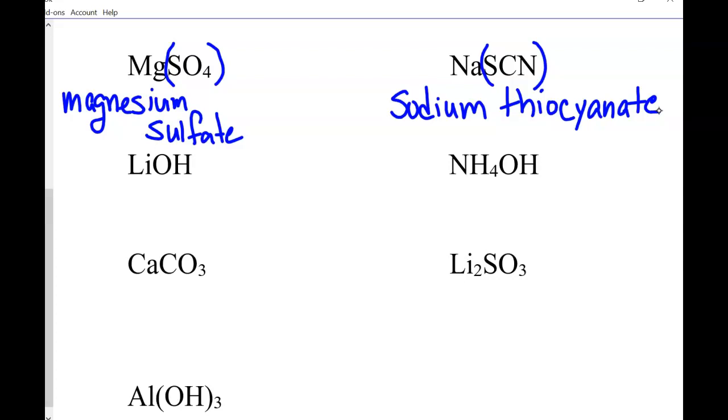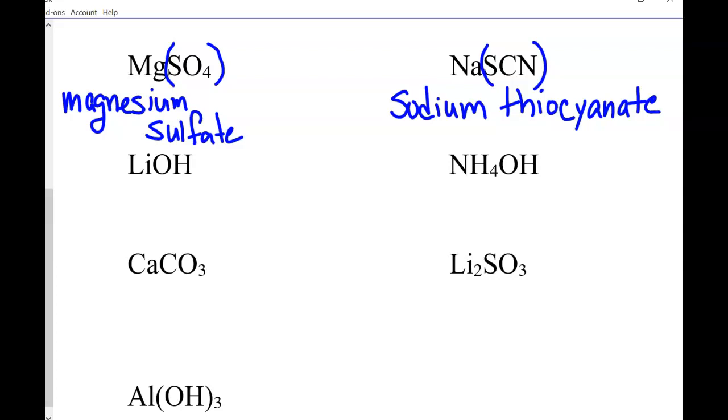You'll notice here that when you have to multiply a polyatomic ion, we use parentheses. Similar to in math class, you learn parentheses can mean multiplication, and we put the subscript on the outside of that polyatomic ion. All right, so go ahead and pause the video and practice.